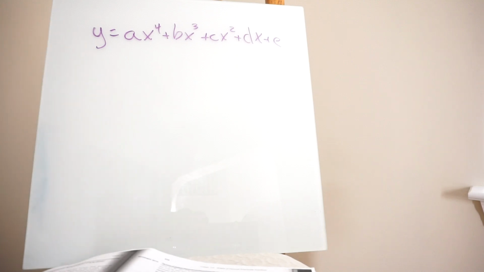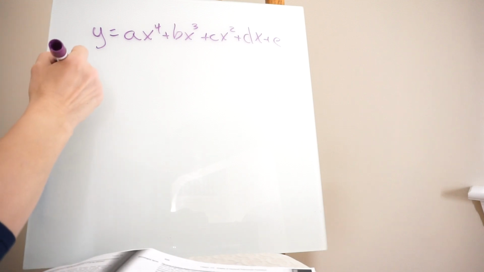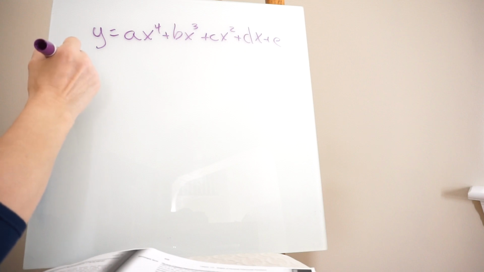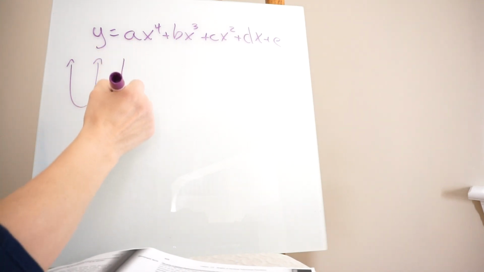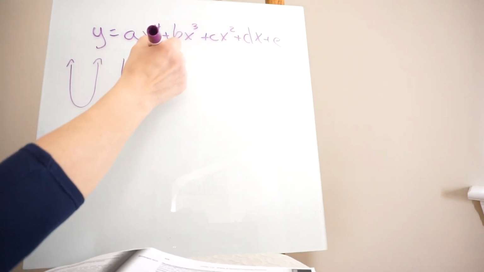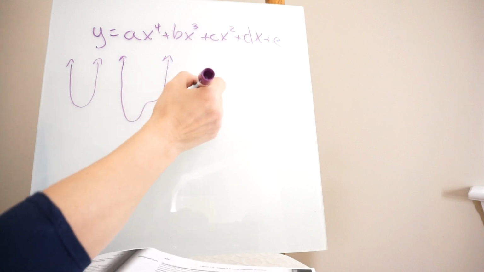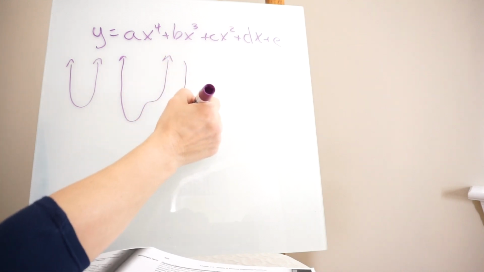For this, if a is a positive number, the graph is going to have any of these shapes. It could actually look like a parabola. It could look something like this, and we'll review these.